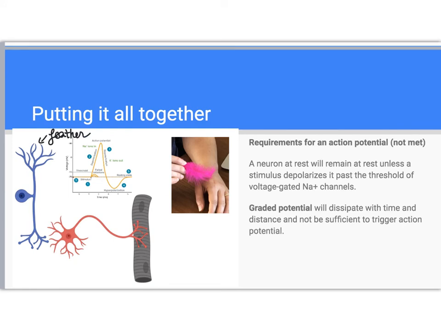A little bit of sodium may flow in, but it's not enough to depolarize the cell to the extent to open voltage-gated sodium channels. As a result, the sensing of the feather on the periphery of the body does not lead to painful information being sent through the circuit. And the little bit of sodium that flows into the cell, called the graded potential, will quickly dissipate with time and distance, never triggering an action potential.